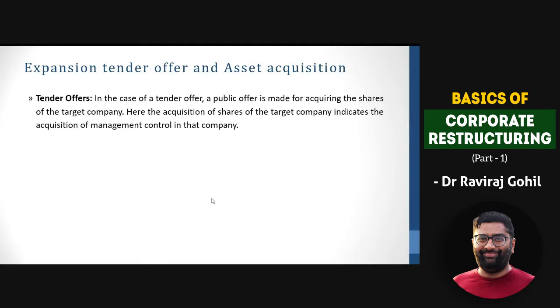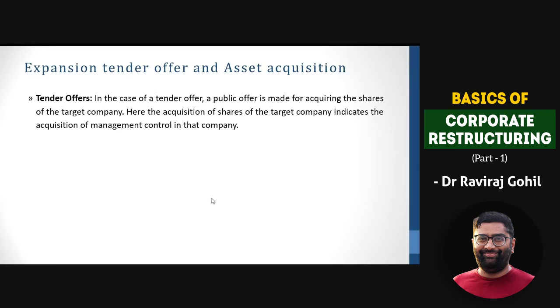In that case, the acquirer may offer the target company's shareholders a tender offer, where they are requested to tender their shares to the acquirer at a price which is slightly higher than the market price. So company A automatically gets the controlling stake of company B. Once they get a substantial controlling stake, they can take over the company.